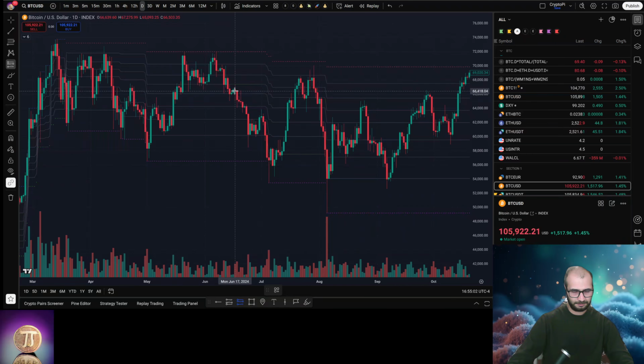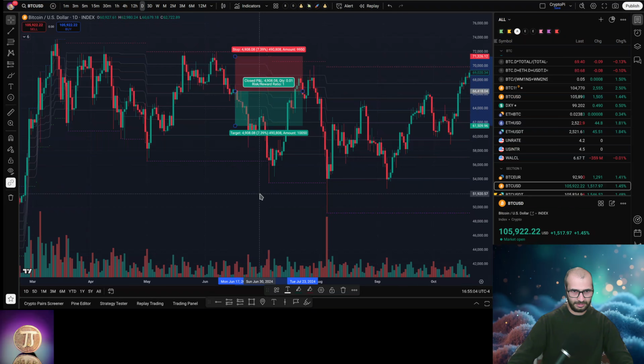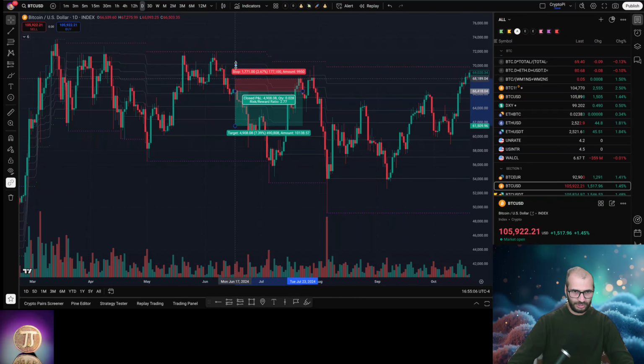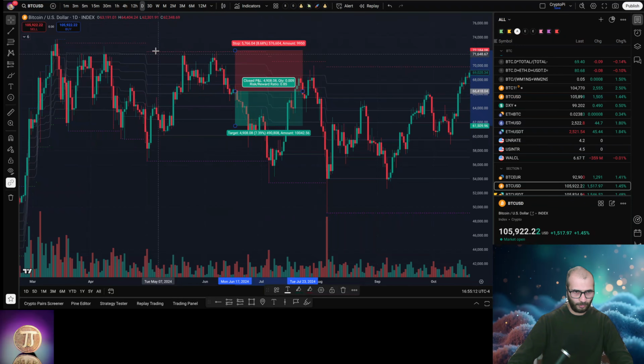I would click here at the close of the day, and I will adjust my stop loss above the red band here. Now, based on how far my entry position is with respect to stop loss, in this case it is 8.68%, I will compute my position size.